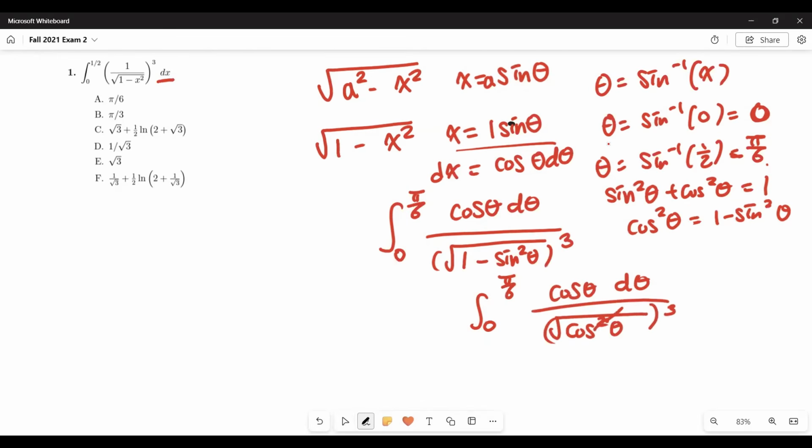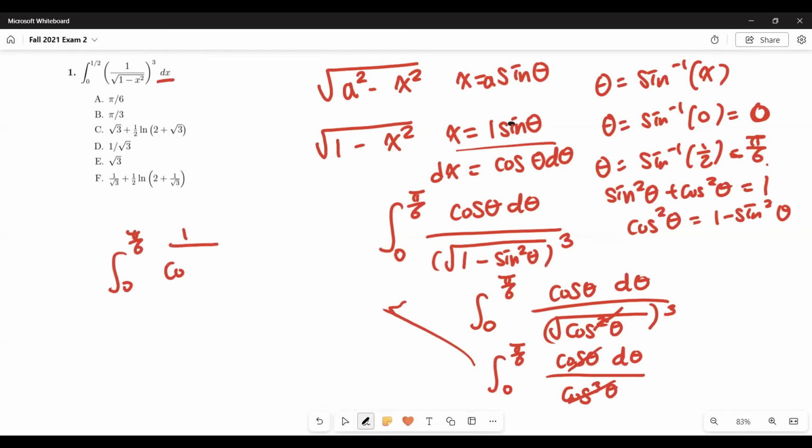Squared and square root can be cancelled out, so this is just the integral from 0 to pi over 6 of cosine theta d theta over cosine cubed theta. And cosine theta can be cancelled out, so this will eventually be the integral from 0 to pi over 6 of 1 over cosine squared theta d theta, right?